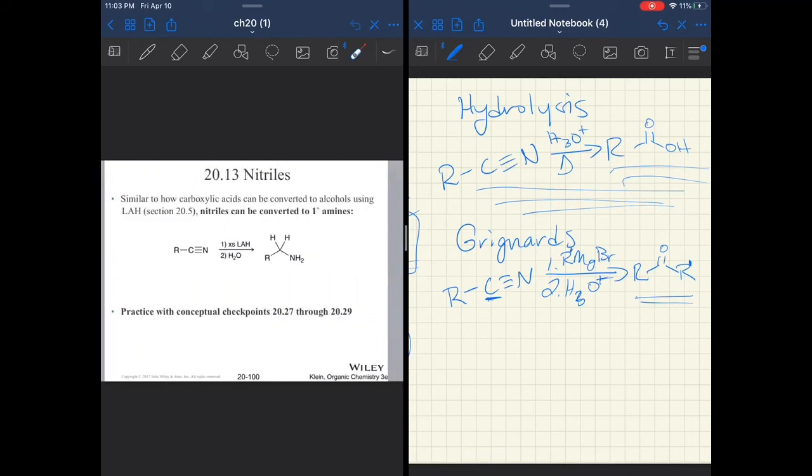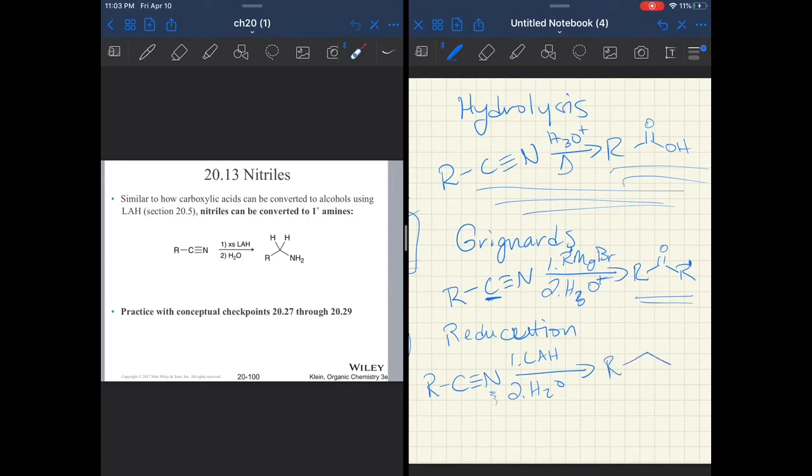You can reduce, so there are reduction reactions and no new reagents, kind of like with Grignard. But it does have nitrogen in it, and so this is actually going to reduce much like the amide.